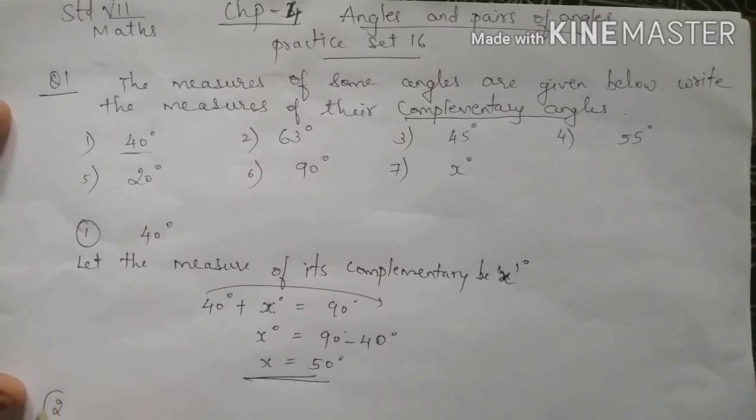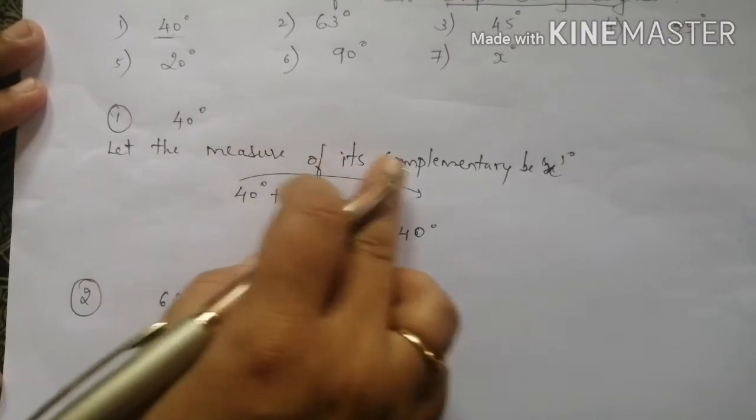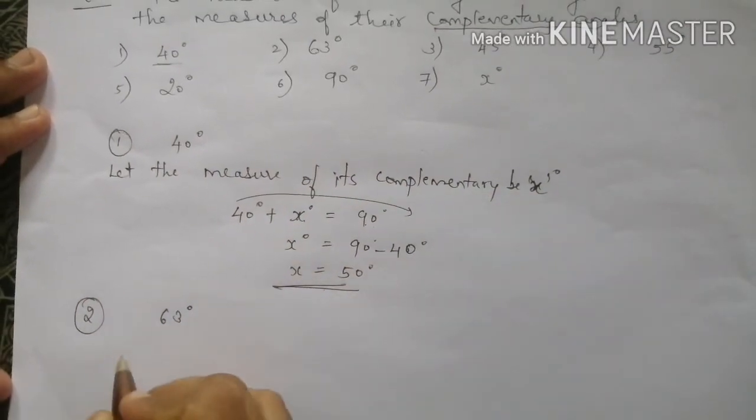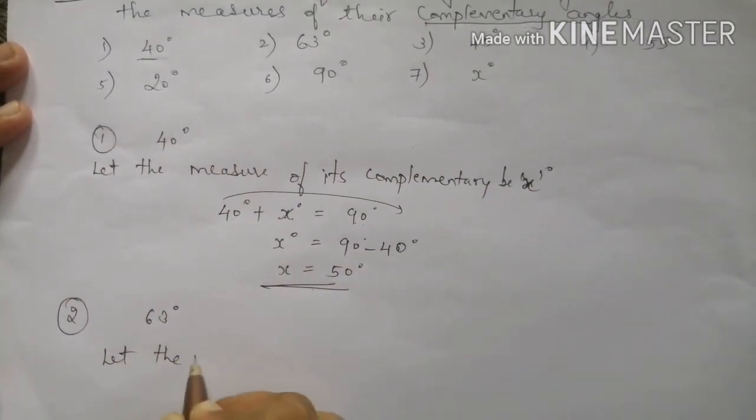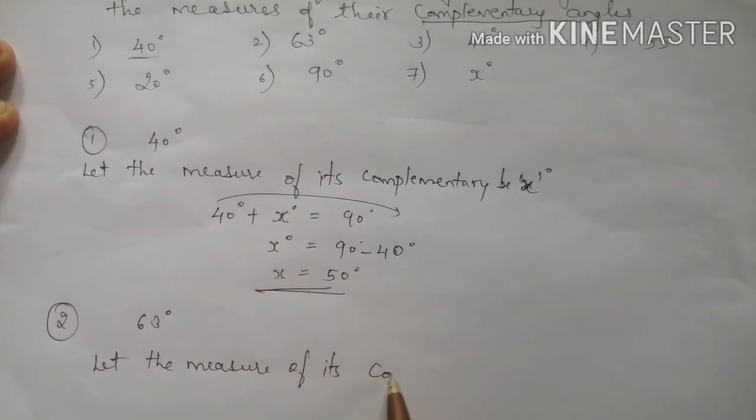Similarly, let's see the second one, 63 degree. So first step is same. We will write like this. Let the measure of its complementary angle be x degree.